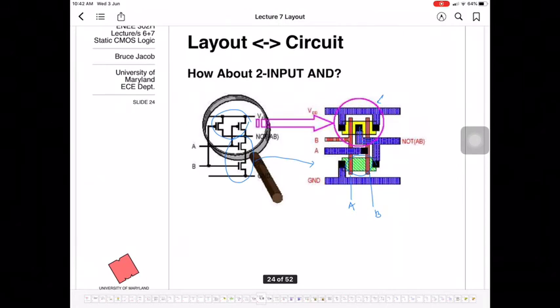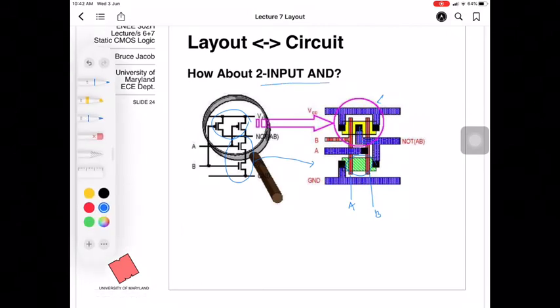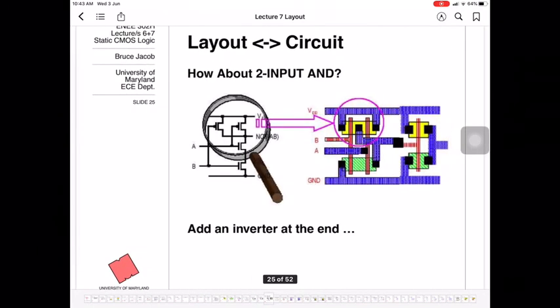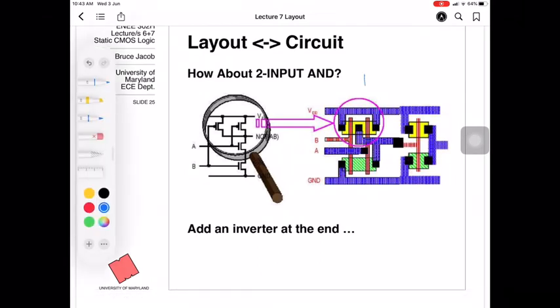So here we put in a NAND gate. This is a NAND gate, but if we want to have an AND gate, what we need to do is very easy. You just put in an inverter. So this one is actually a 2-input NAND gate, A and B, connected to an inverter to form the equivalent of an AND gate, right?